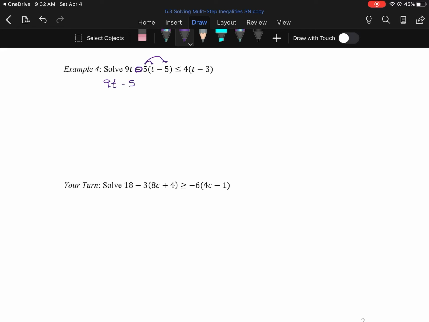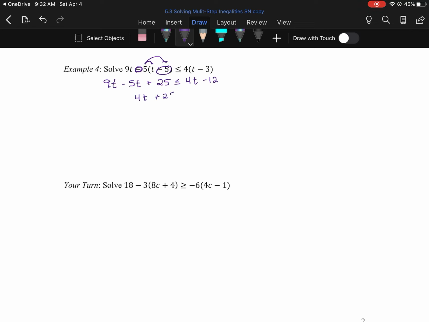So it's going to be 9t, and then I need to take negative 5 times t to get a minus 5t, and then a negative 5 times a negative 5 inside, which gives me a positive 25. That is going to be less than or equal to, distribute the 4, so we get 4t minus 12.